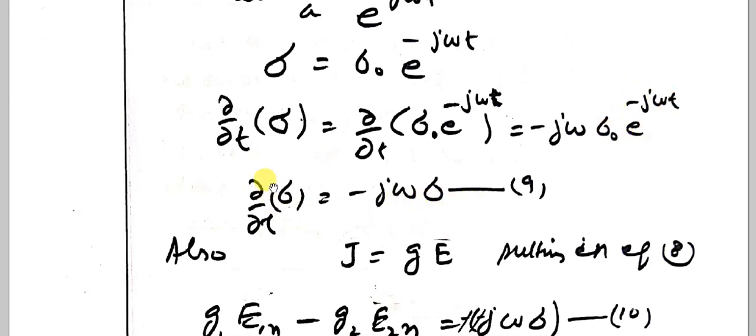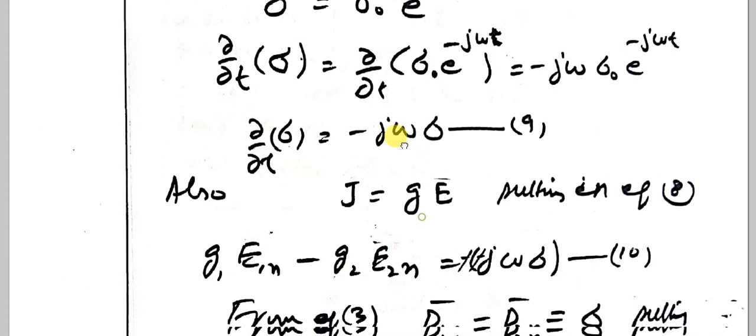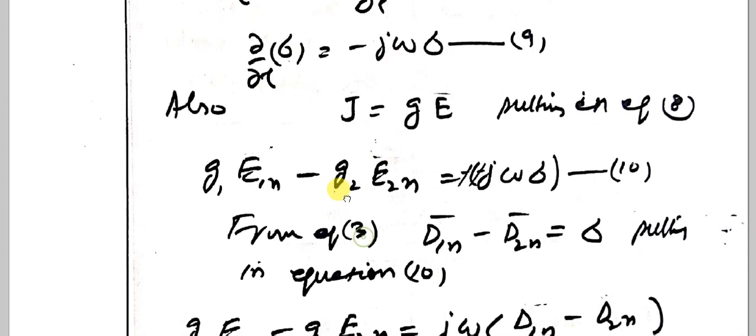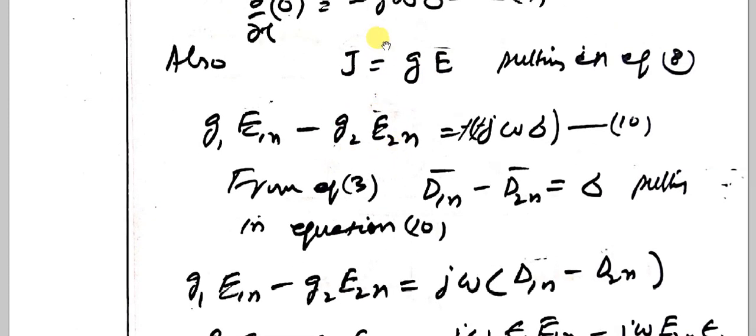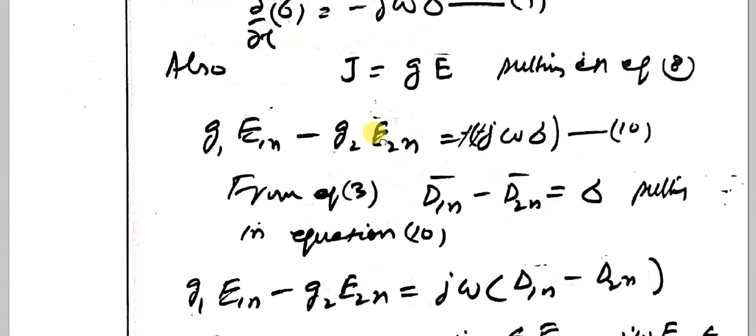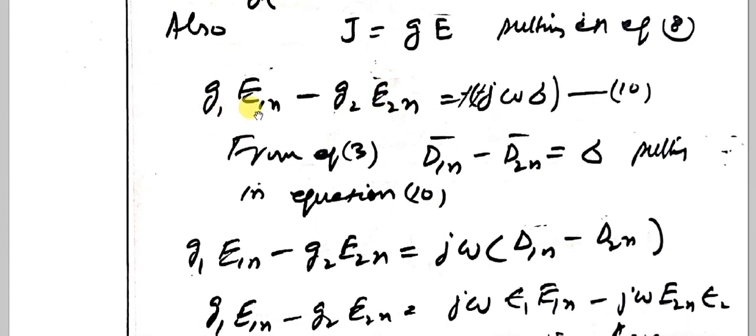So we have now Ohm's law in terms of the field equation. Current density J is equal to G times E, where G is the conductivity, J is the current density, and E is the electric field intensity. Putting the values in the last equation 8, G1 E1n minus G2 E2n is equal to, since there was a negative rate, the minus cancels out, j omega sigma.